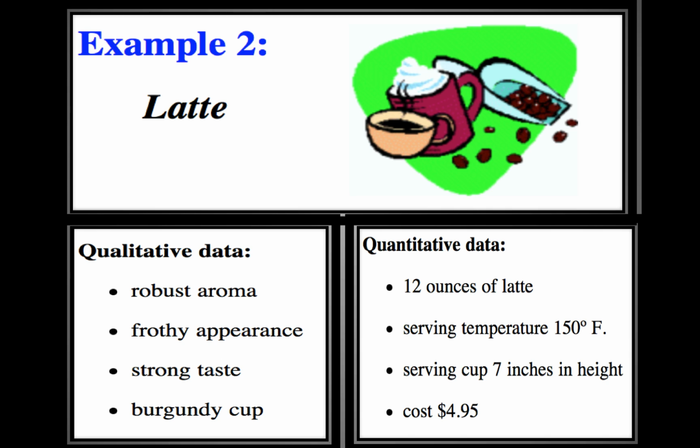The serving cup is 7 inches in height. The cost, $4.95. Do you see the difference between qualitative and quantitative? Qualitative is just a description of the quality of the thing you're observing. Quantitative is a measurement that involves numbers and units.